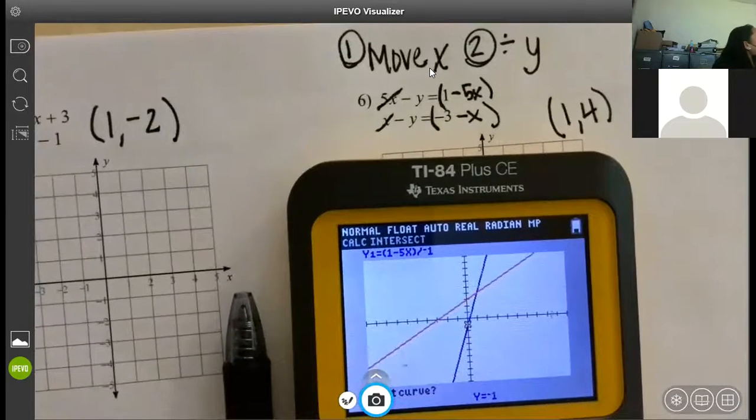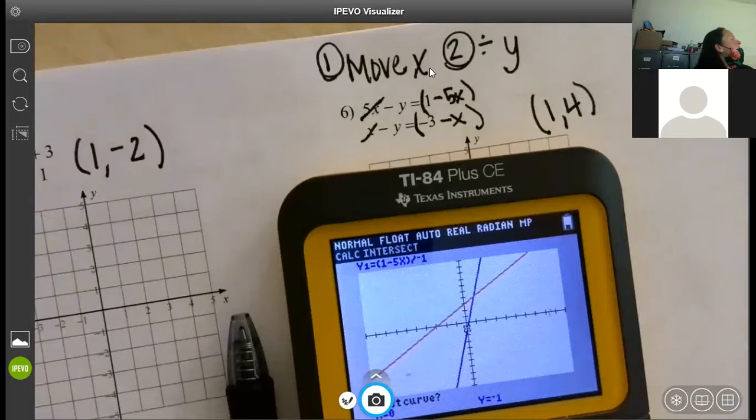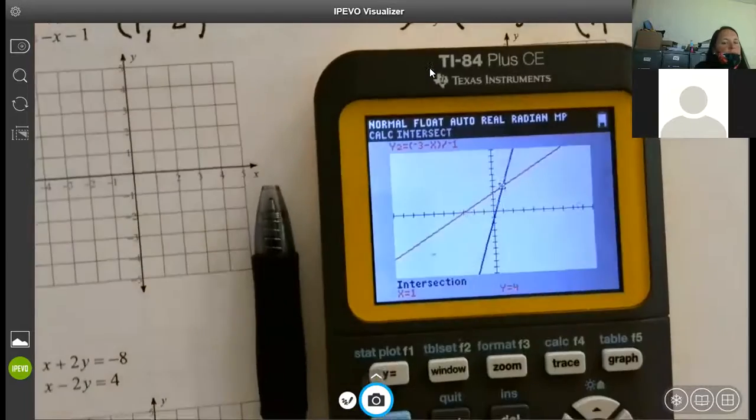I'll have to look at it when you're doing your homework to see how to get it exact, because you got all kinds of stuff in here. That's stats for you. Zoom 6. No, it should look the same. You did it right. It just had all that other stuff in there. Again, second trace intersect, enter, enter, enter, and you get 1, 4.